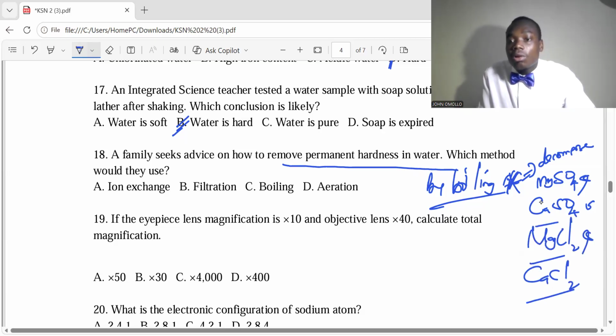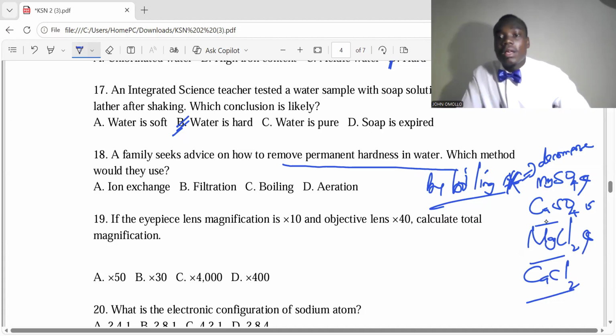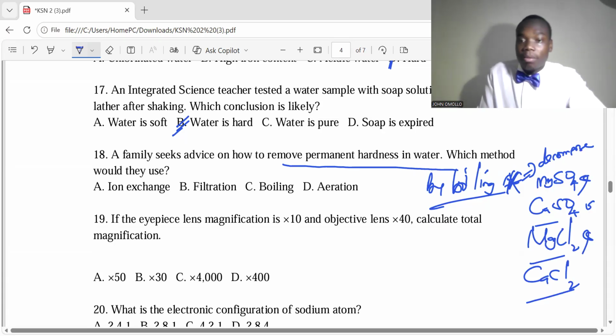These salts are very difficult to decompose. They need a lot of heat to be decomposed, so boiling cannot do that.